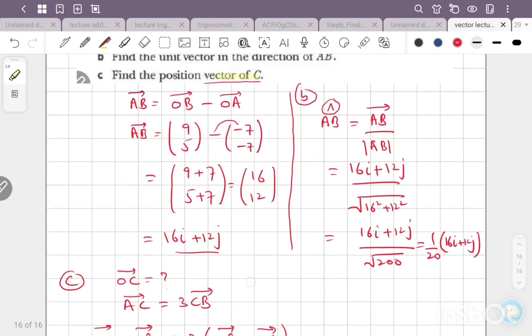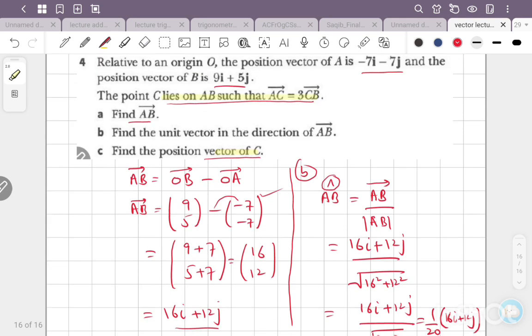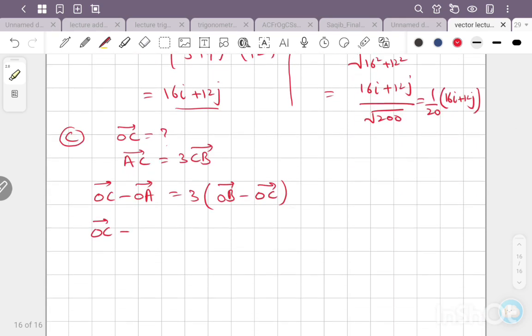What is the OA? OA we have here, minus 7 in the above statement. So minus 7 equal to 3. And what is the OB? OB has 9 and 5. Minus OC.